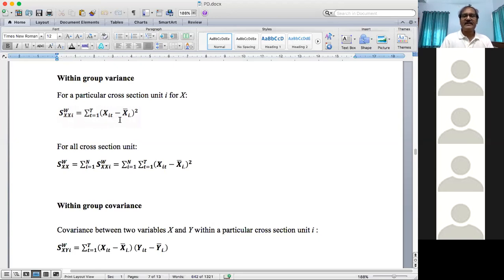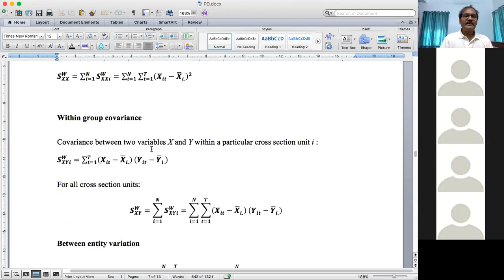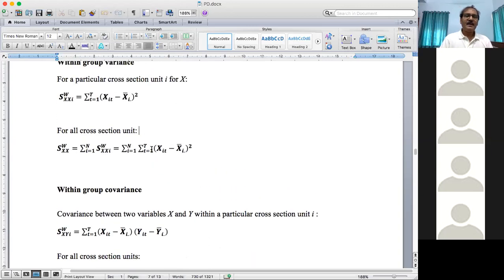Think about the data matrix we have. This result relates to a particular column, because a particular column provides you information for a particular cross-section unit. So you can get this estimation for a particular column. If we take all the cross-section units we have in a sample, we can calculate the within group sum of squares for that variable x.